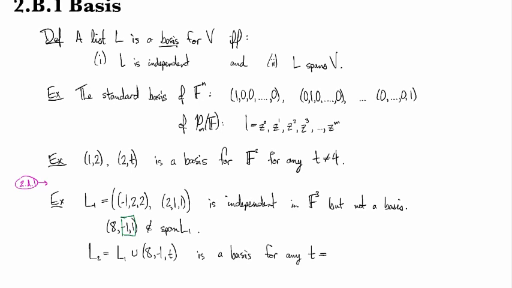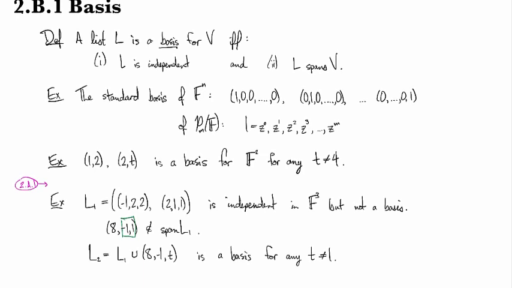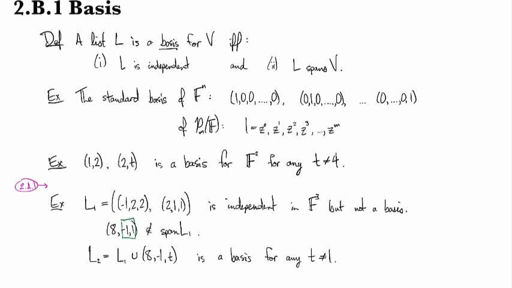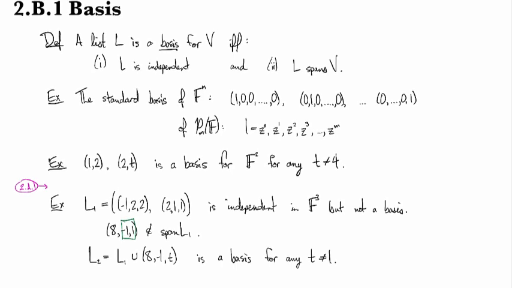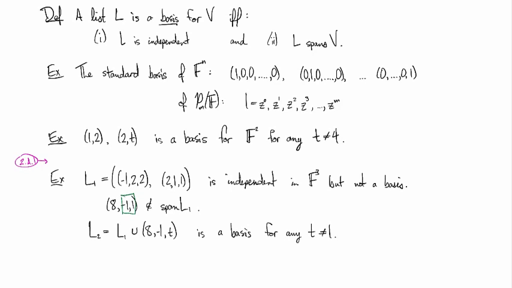So that means that t is not equal to -1. And so if you look at it, you'll see that (8, -1, -1), right? So in the case when t is equal to -1, I can solve the equation of having this new vector equal to a linear combination of the two others. And I'll let you work out what those coefficients would be in the case when t is equal to -1. All right.